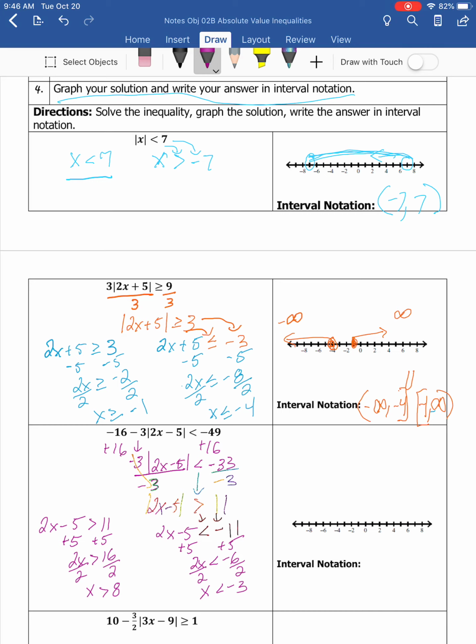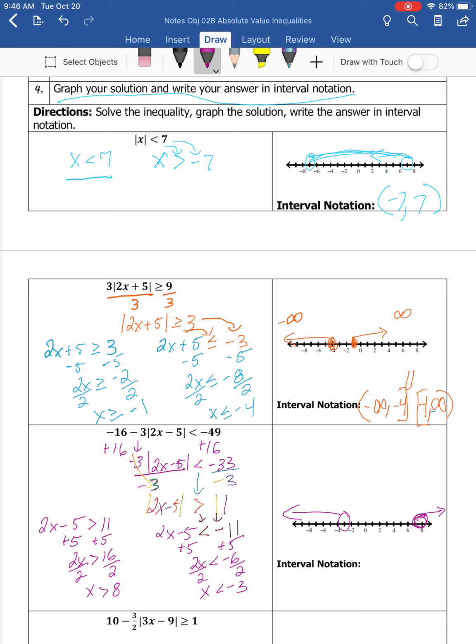So I go through and graph. X is greater than 8, so I'm going to put an open circle around 8, and it's going to go to the right. And then I put an open circle around negative 3, and that one is going to be going to the left because that's less than.